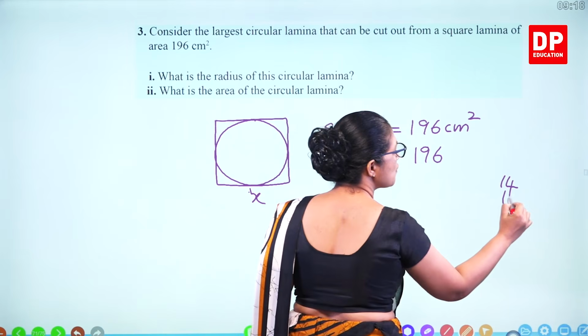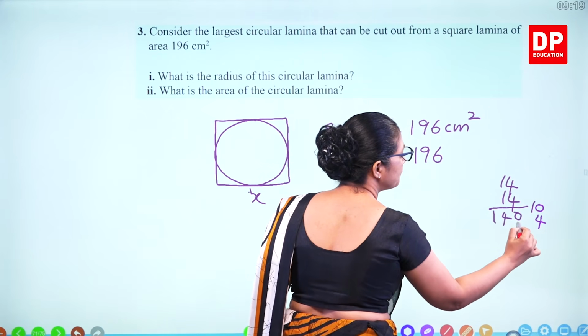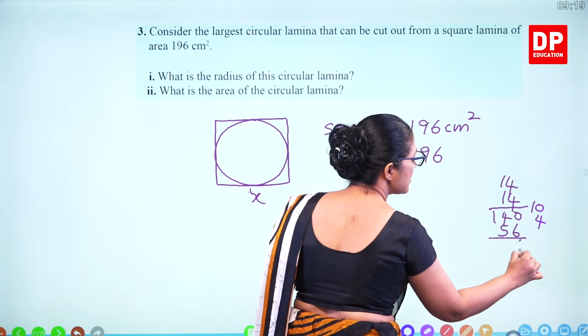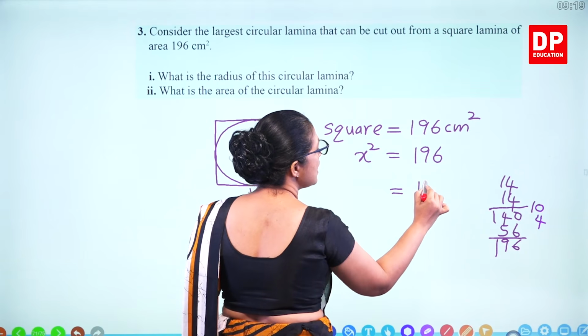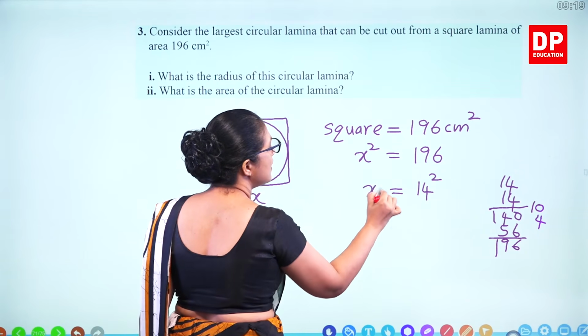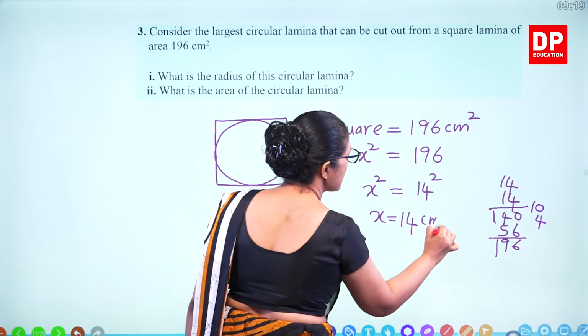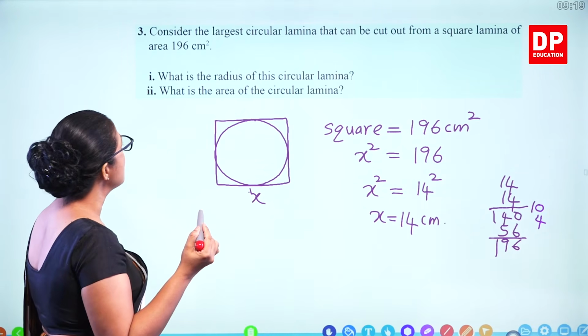So 14 times 14, you get 196. So that means this is 14 squared. So what's the length of one side? 14 centimeters.